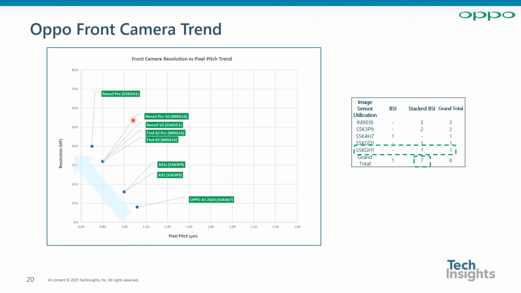So here we see, of course, Oppo also uses the 0.7 micron pixel pitch, the GH1 from Samsung, as well as the IMX616 from Sony, the GD1 from Samsung.